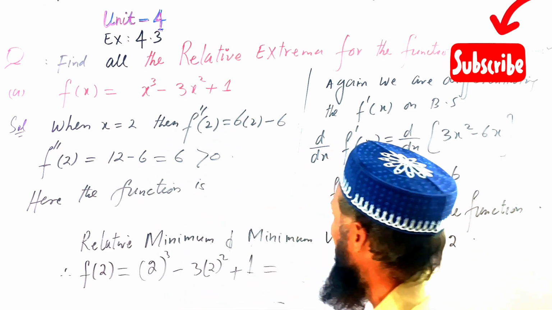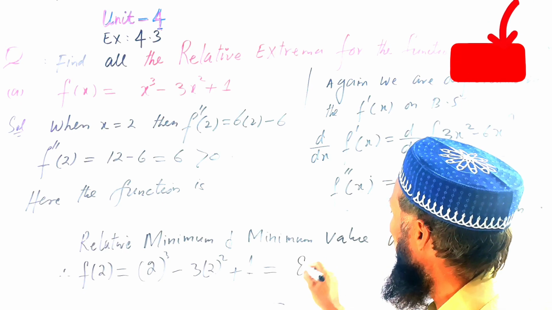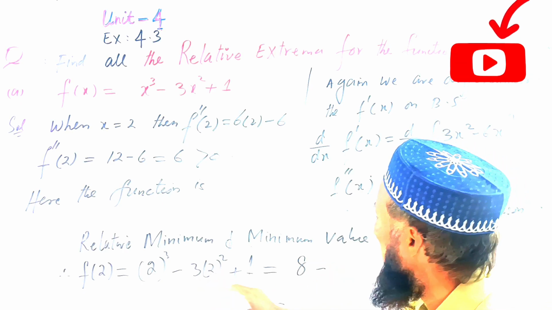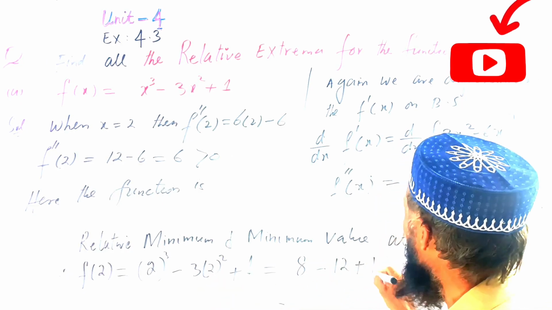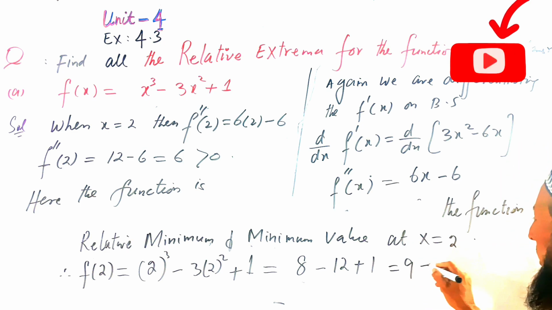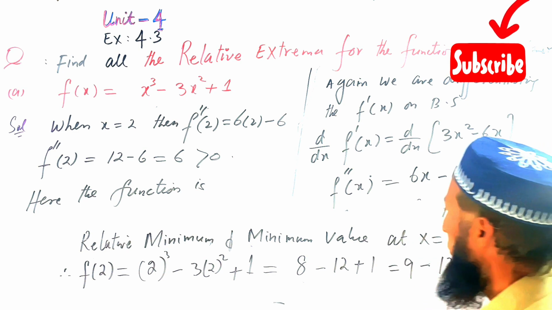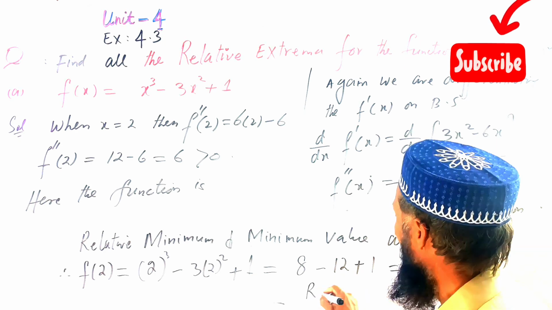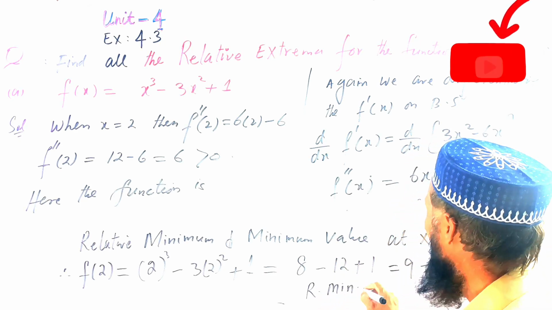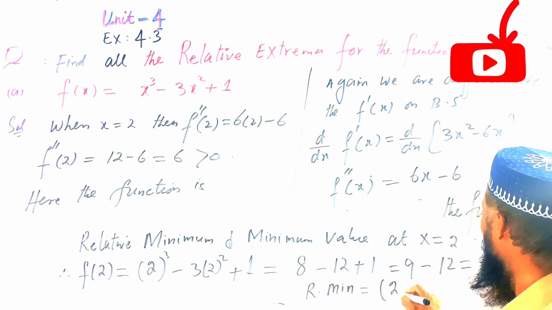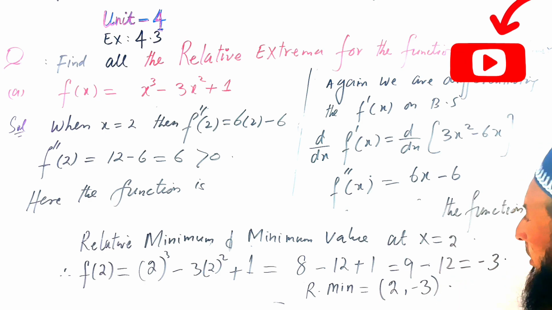Here 2 cube we get 8, and 4 multiplied by 3 is 12, plus 1. We get 8 plus 1 is 9, 9 minus 12 is equal to minus 3. So the relative minimum value is at 2 and minus 3.